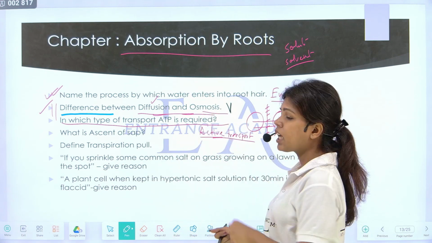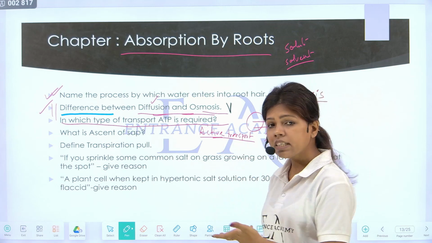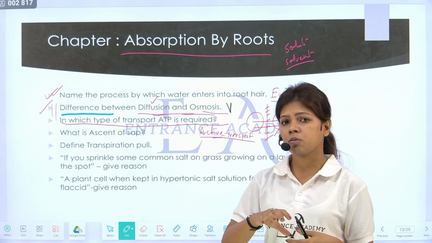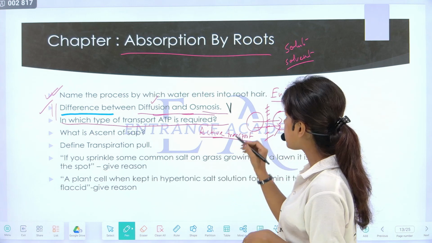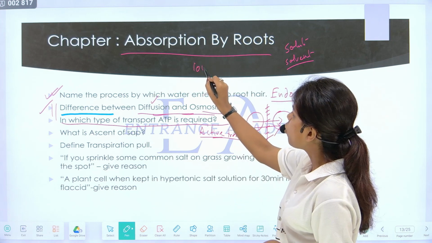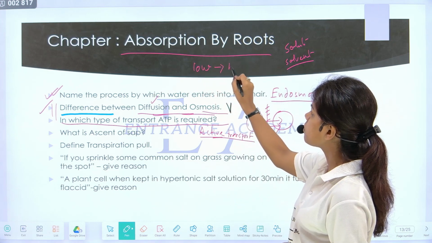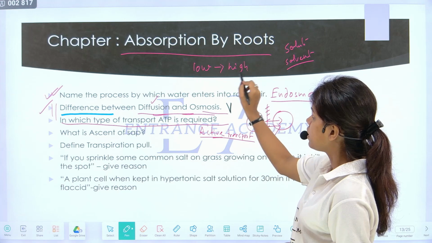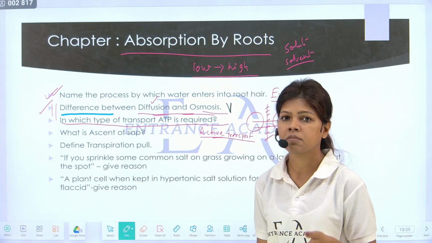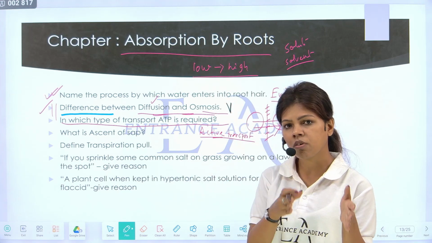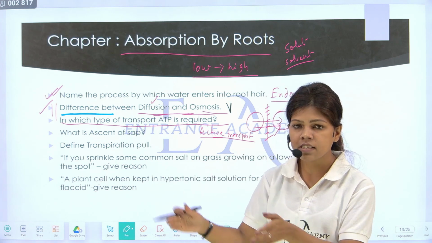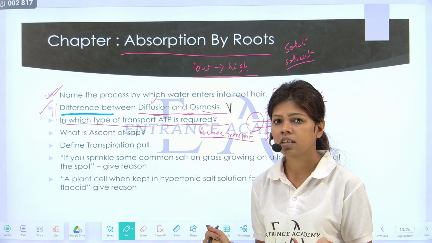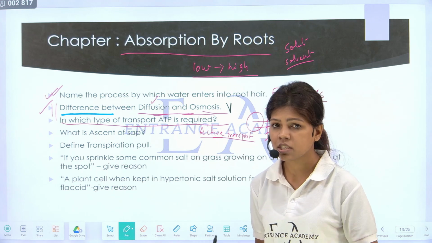But in this third type of transport, that is active transport, the molecules or ions, specifically ions, are passing from the region of their lower concentration to the region of their higher concentration. That is against the concentration gradient. The ions are passing, that is why externally ATP is required.